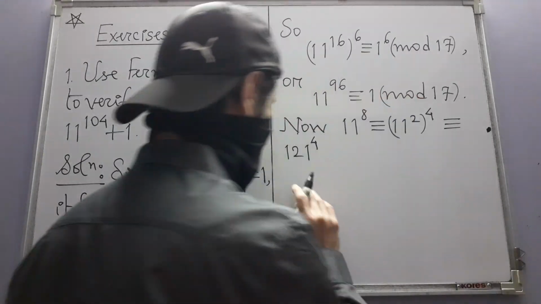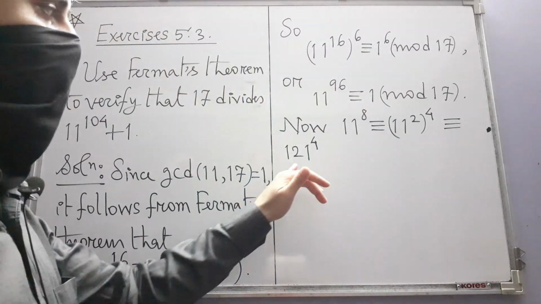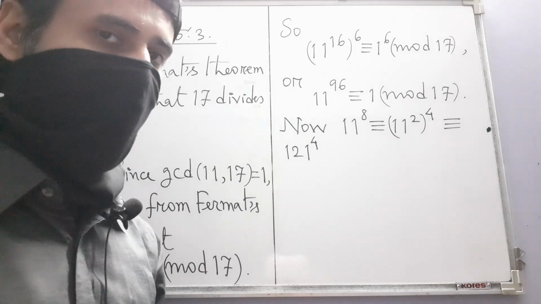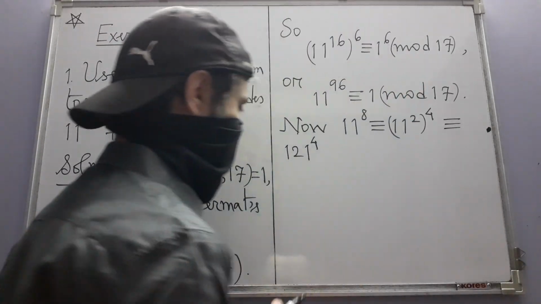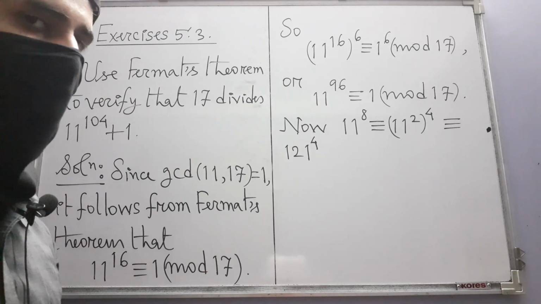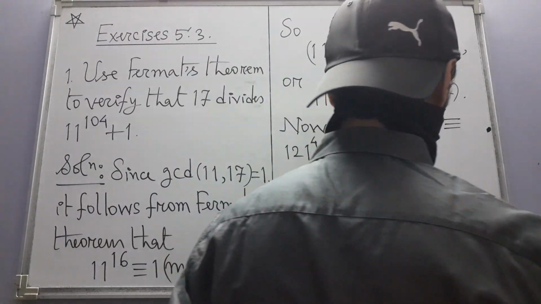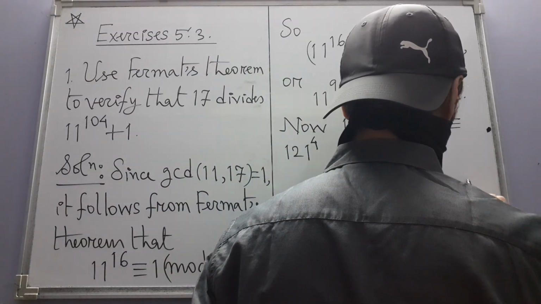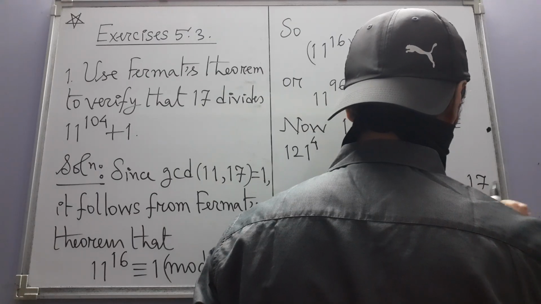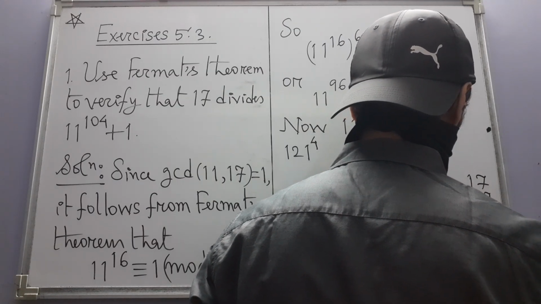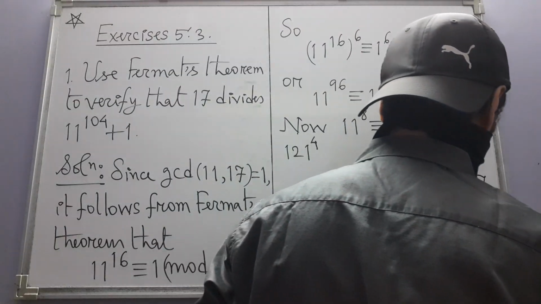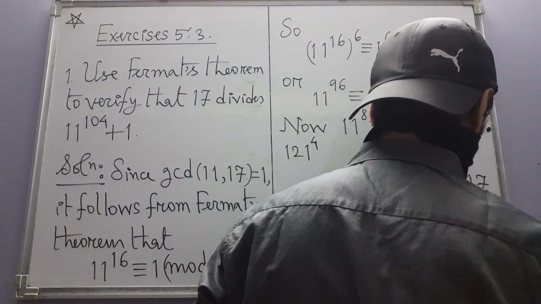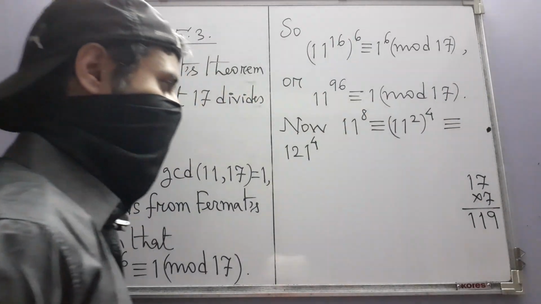Now we need to figure out to what number 121 is congruent to modulo 17. In other words, we have to divide 121 by 17 and see what the remainder is. It turns out that the remainder is 2. In fact, if you multiply 17 and 7, what do you get? 119.